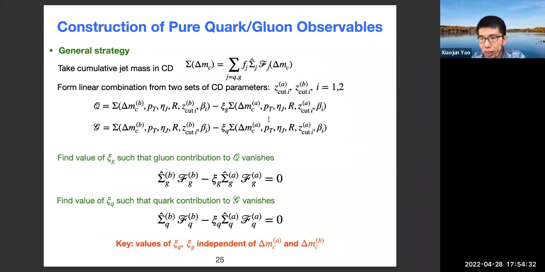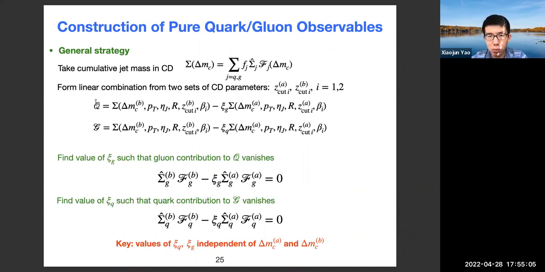The A set has a different jet mass and a different z-cut, but all the kinematic variables are the same. And for the B set, they have a different jet mass and z-cut, but the pT, eta, R and beta are the same. Then there are linear combination coefficients called CG and CQ times the A set cumulative distribution. Our objective is to tune these CG and CQ parameters such that the wrong contribution to the observable vanishes.